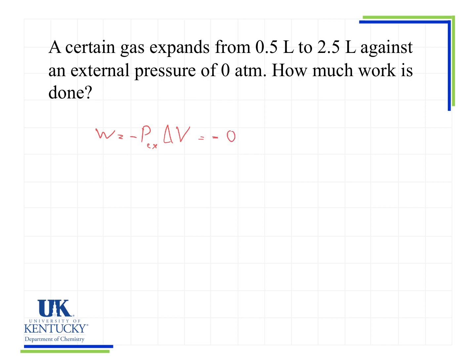It's 0 atmosphere times, it doesn't matter what delta V is. If you have 0 times something, the answer is 0, right? But anyway, it's V final 2.5 minus 0.5 liter. So this is 2.0 liter, but this is 0, so the work is 0.